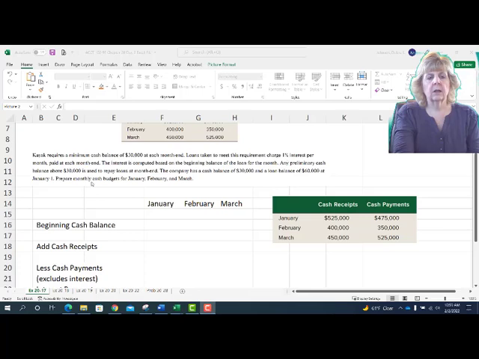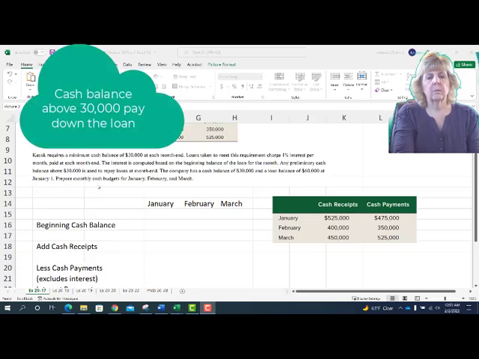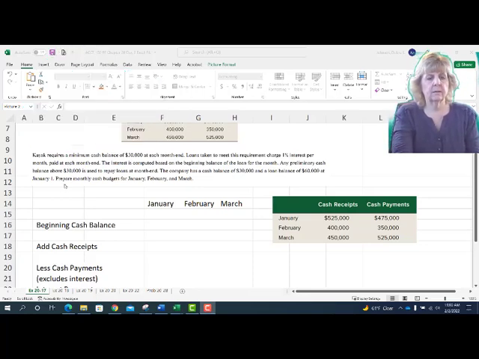Any preliminary cash balances above $30,000 are used to repay the loan. This sounds like some type of a line of credit, and if they have more than $30,000 left at the end of the month, they'll use any excess to pay down their loan. Hopefully we have more than that, but that is a condition they gave us in the set of facts.